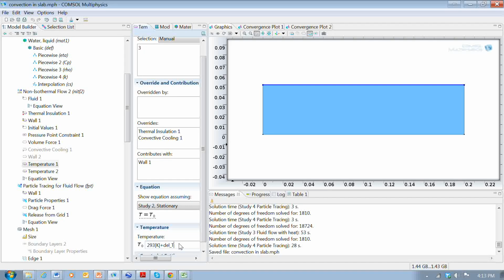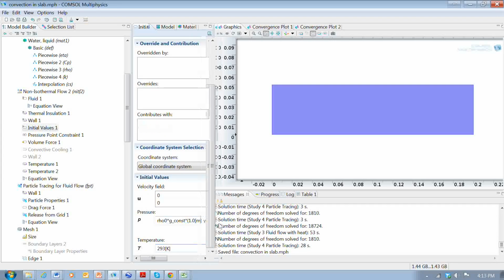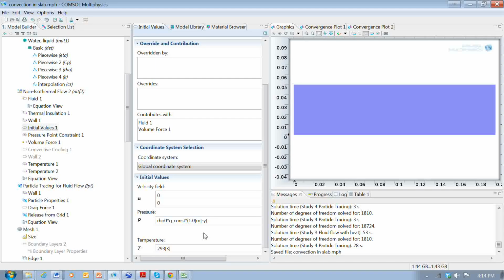The default you'll find is 293.15. I just took off the 0.15, so it's simpler to write. So what you need to do there is go into initial values and make sure that it says 293. Also, the initial pressure is the initial density times g times 1 minus y.